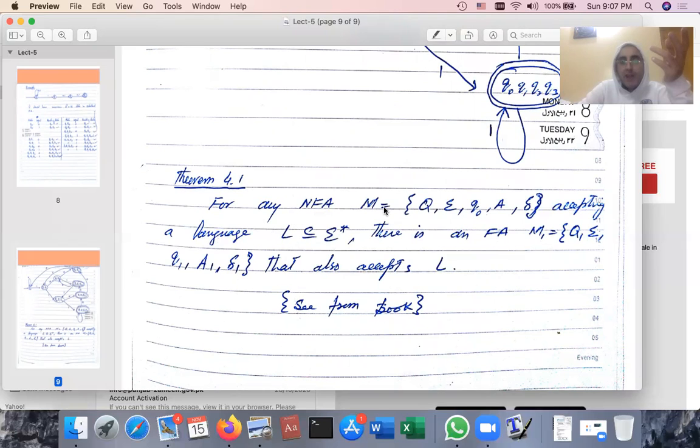If we have an NFA M, then there would be an FA M1 with Q1, sigma 1, q1, A1, delta 1, that also accepts L. So the theorem is that if you have an NFA, then there must be an FA for that NFA, and both will accept the same language. This theorem is available in the book. You can read it by yourself.